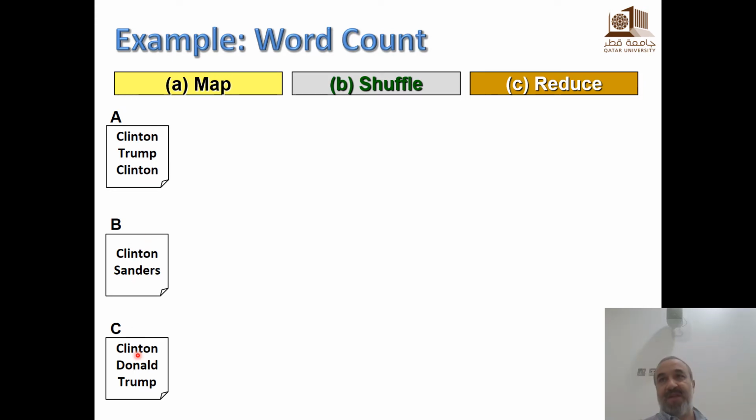So eventually, the output of that job will be Clinton 4. Trump 2. So we need to figure out how we can use MapReduce to do this.